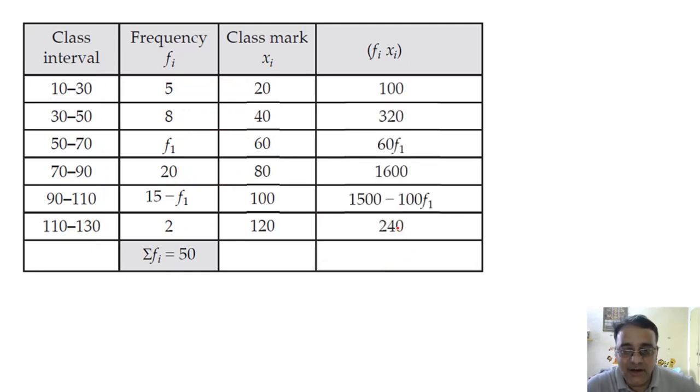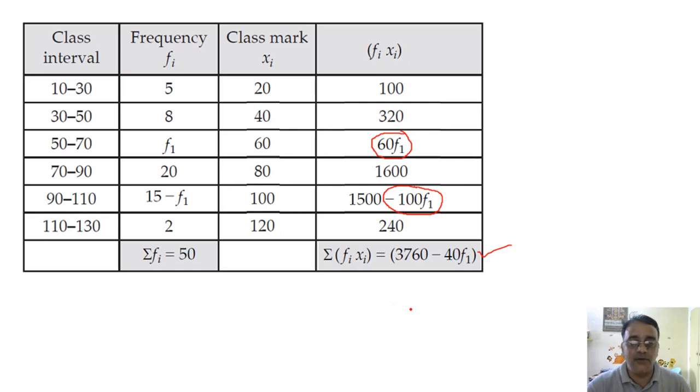Now add all the numbers except these two, because these two we have to simplify separately. ठीक है, बाकी सारे numbers ऐड करो. 100 plus 320 plus 1600 plus 1500 plus 240, क्योंकि ये दोनों को करेंगे तो -40 आ रहा है, देखो. Right, so 3760 minus 40 f1 we got summation fx.